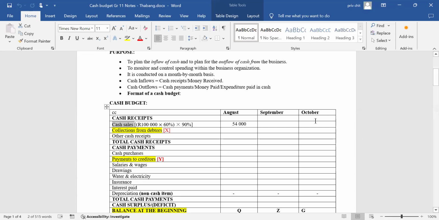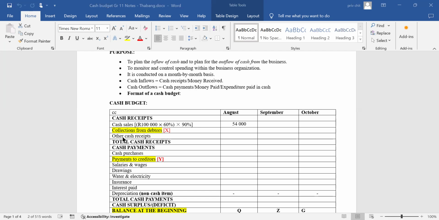Yes. Right. And then, it's not only limited to that. Remember, I'm trying to explain what cash receipts is all about. You would also sell some products on credit, but at some point in the future you would expect to collect money from debtors, and that's what we call collections from debtors.